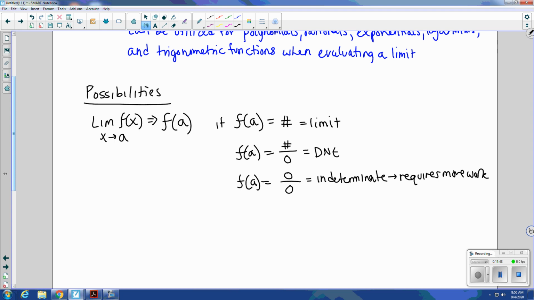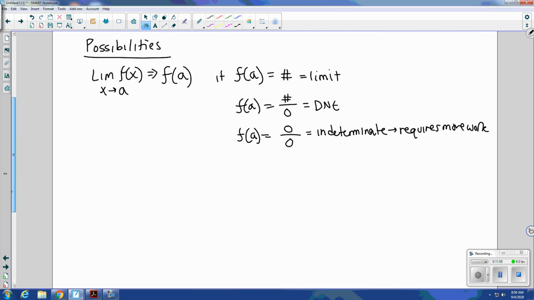Later in the course we're actually going to have a really nice, easy tool to evaluate the limit when we have 0 over 0. But for now, with the tools that we have at our disposal, when we see 0 over 0, again, that's not a valid answer. It's not 0. When I say we need to do more work, what I want you to do is factor and cancel to simplify and reevaluate.